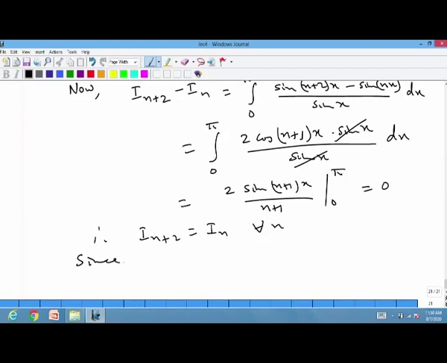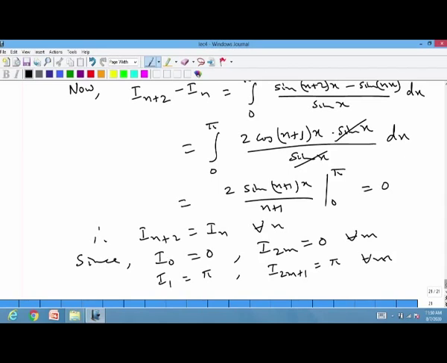So, since we have already seen that I 0 is 0, we have I 2m equal to 0 for all m, and I 1 is equal to pi. So, I 2m plus 1 is equal to pi for all m.